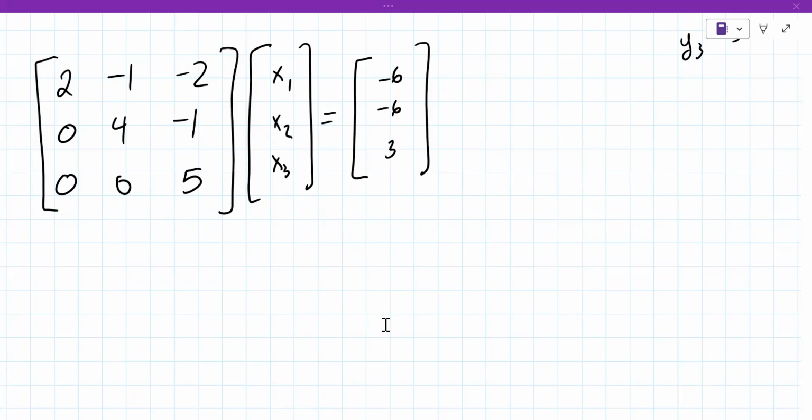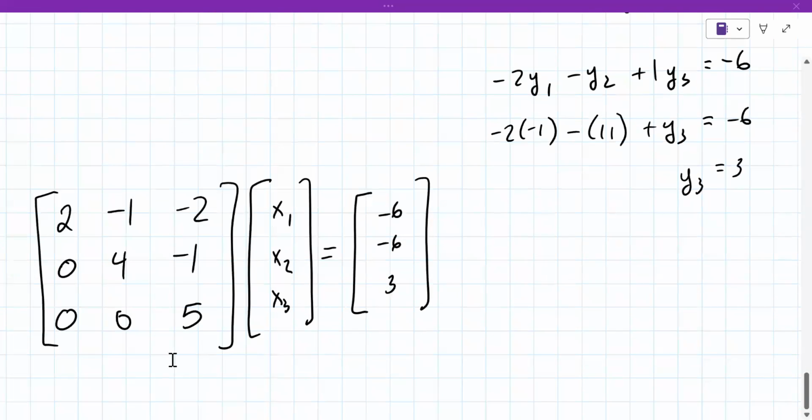So, there's a mistake somewhere. I have no idea where it is, because the answer actually ends up being nice. Let me see if this one's correct. 4x2 minus 1 minus 1 equals that.